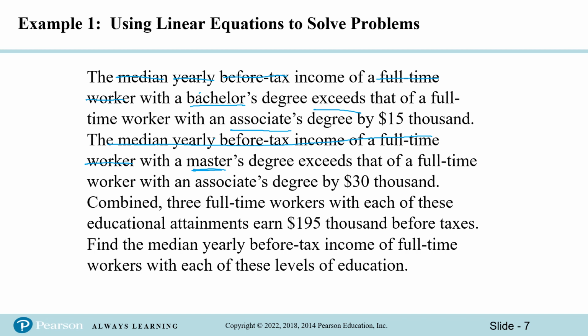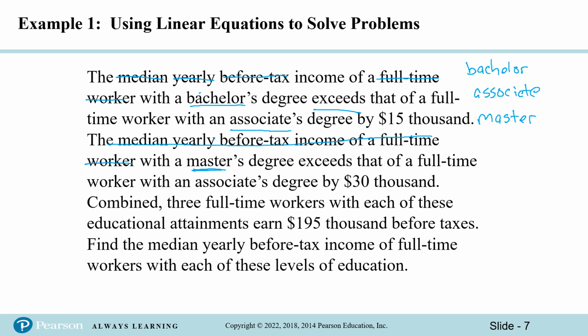Somebody with a master's degree exceeds that of a full-time worker with an associate's degree by 30,000. Okay, so we've got income for somebody with a bachelor's degree. We've got income for somebody with an associate's degree. We've got income with somebody with a master's degree.